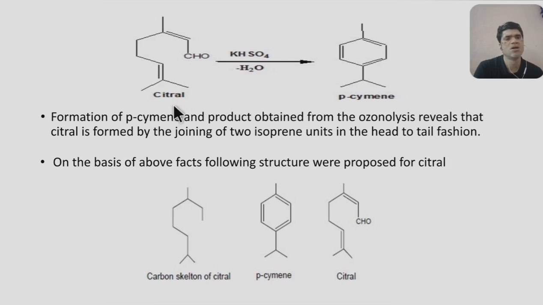On the basis of the above facts, the structure of citral is proposed. This is the skeleton structure of citral, this is p-cymene, and this is the proposed structure of citral.